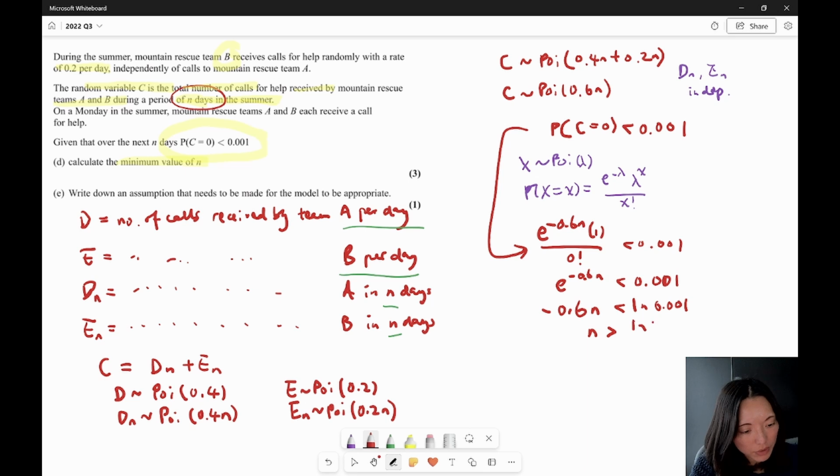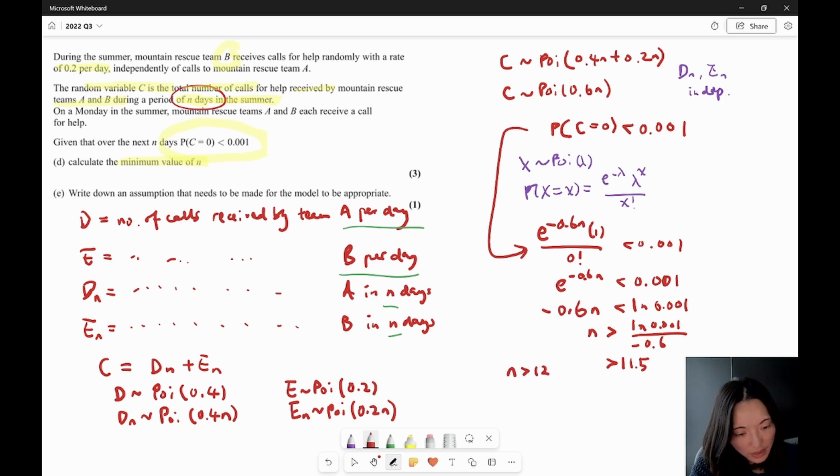So log of 0.001 over minus 0.6, which means that n is greater than 11.5, working this out in the calculator. And because n needs to be a whole number, therefore the minimum value of n needs to be 12.